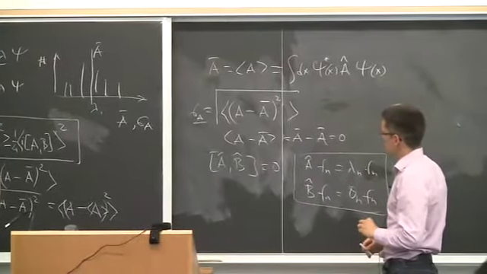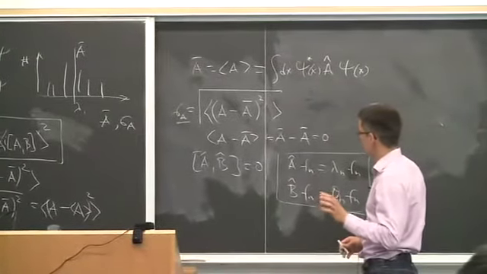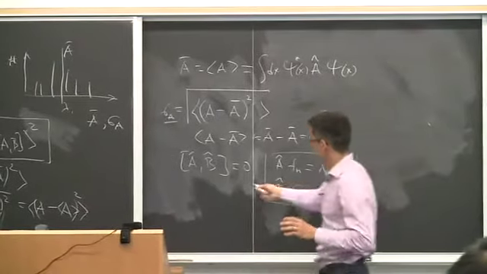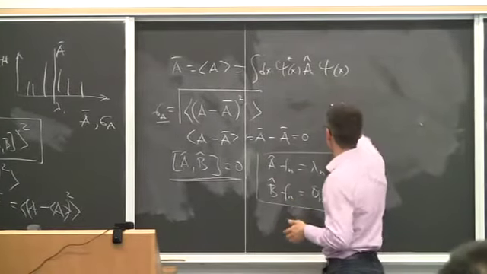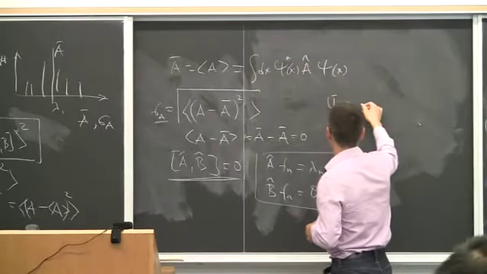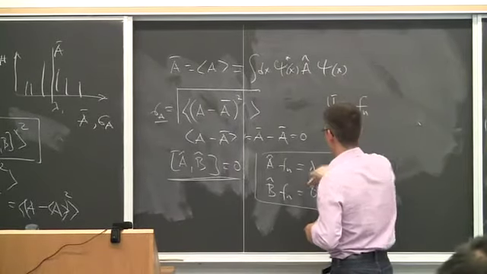And I guess the missing element here, which I want to emphasize, is that when they commute, your function can be chosen to be an eigenfunction for both.